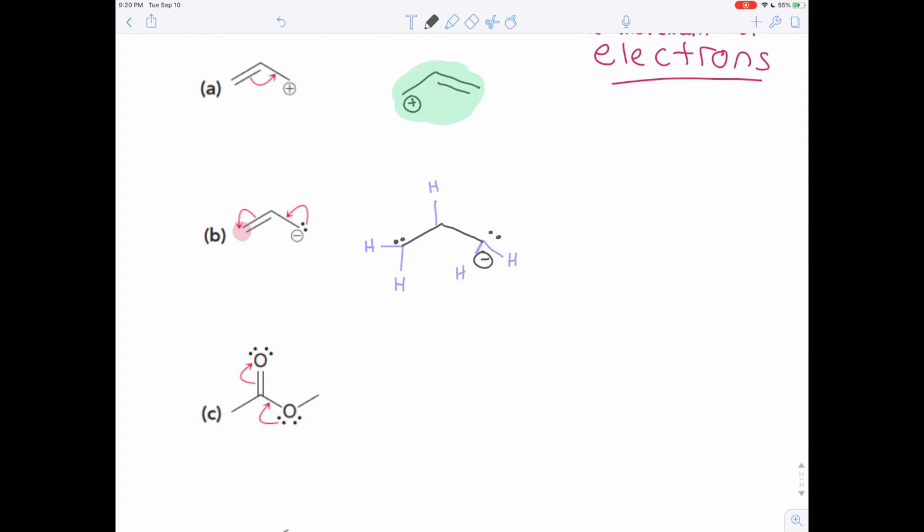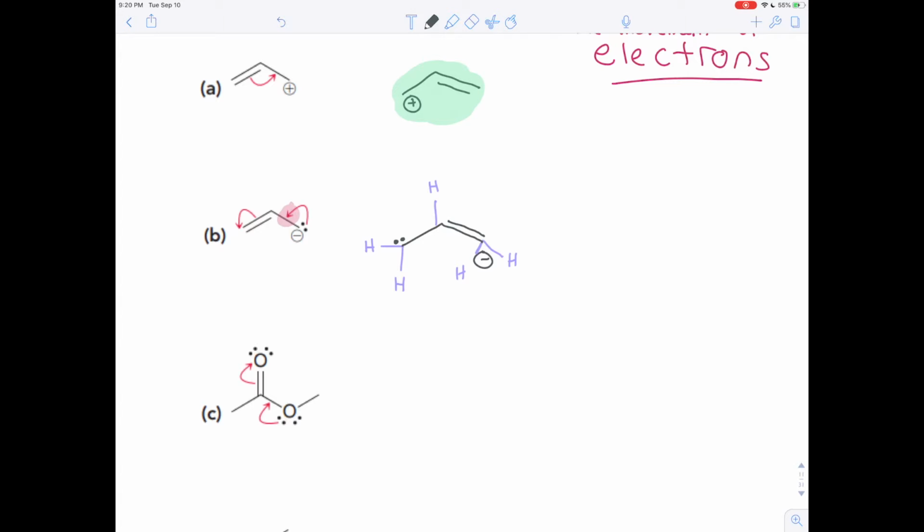Remember, if an arrow points at an atom, then you add a lone pair. And if it's pointing at a bond, you form a bond.